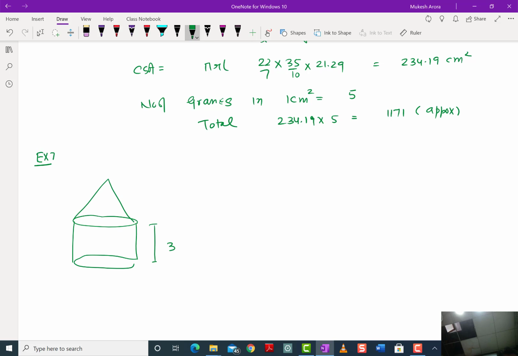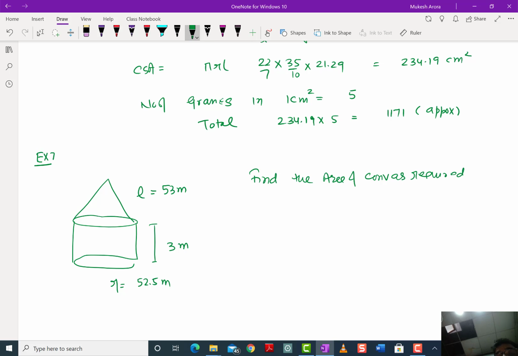If the radius is 52.5 meter and the slant height of the conical portion is 53 meter, find the area of canvas required.